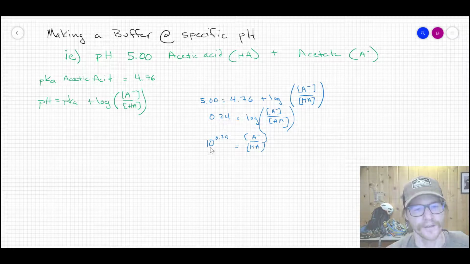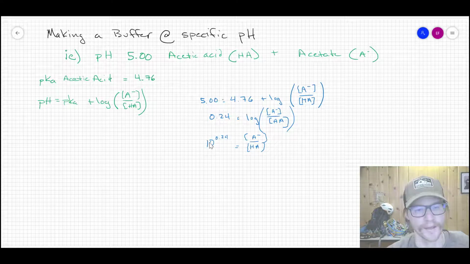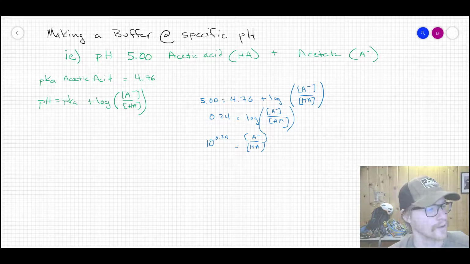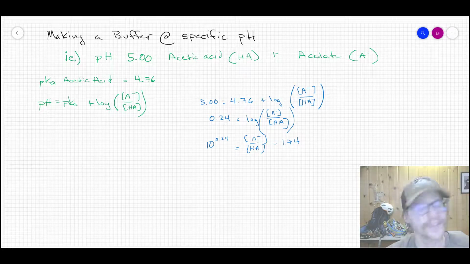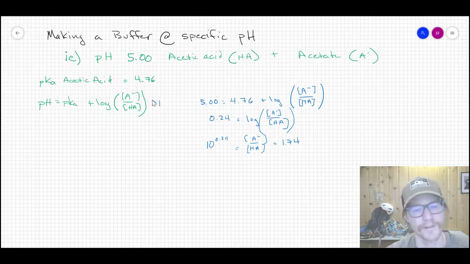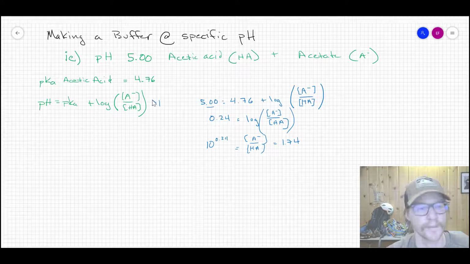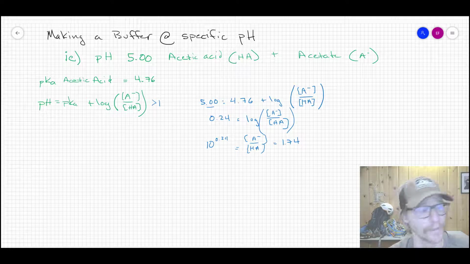So 10 raised to 0.24 will eliminate the log term, and that will be equal to the ratio of the base to the acid. Computing that gives you 1.74, which fits our original suspicion that the ratio of these two things was going to be greater than 1 simply because the pH was greater than the pKa. We knew there had to be more of the conjugate base at equilibrium than the acid.